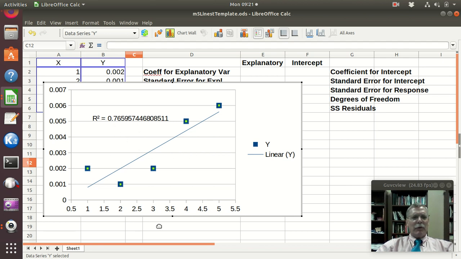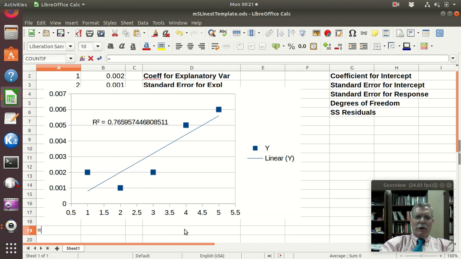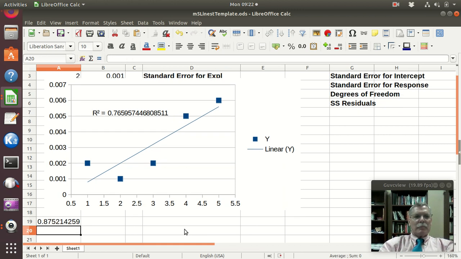I've got a spreadsheet right here, equals square root of 0.76, we'll call it 0.76. 0.875. So we've got a correlation coefficient of 0.875. That is great correlation. Okay, so this has great correlation.